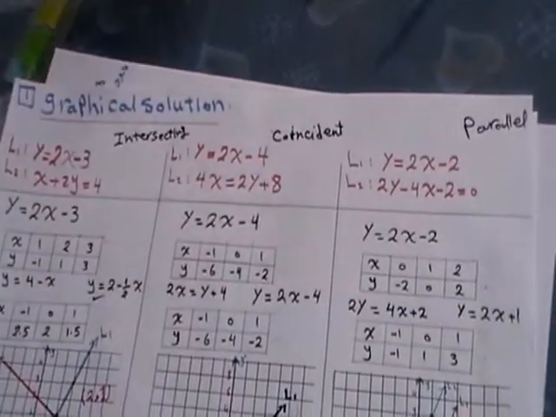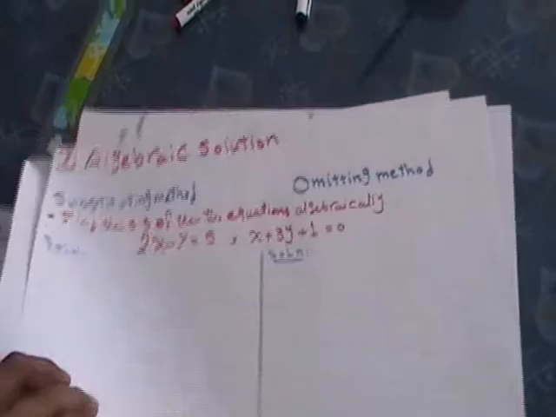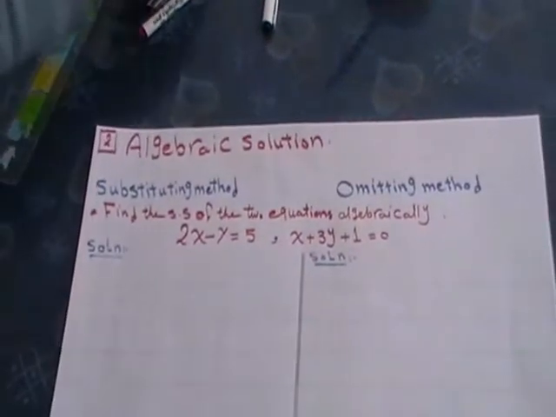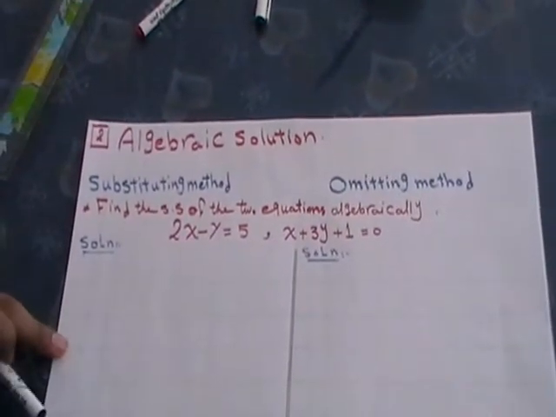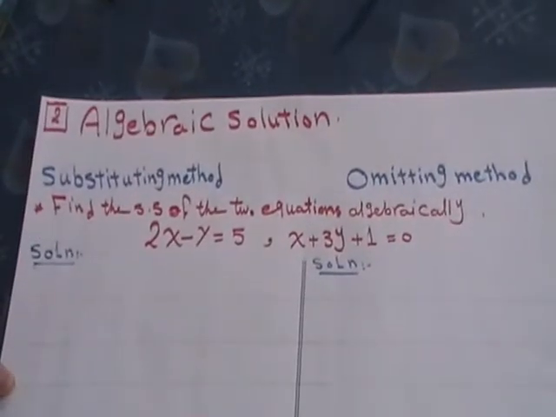Now we learned how to get the solution set of two equations graphically. Let's move to another point that is about getting the solution set of two equations algebraically, or we can say the algebraic solution for two straight lines. To solve two equations algebraically, we learned that we have two methods: number one, the substitution method, and number two, the omitting method.